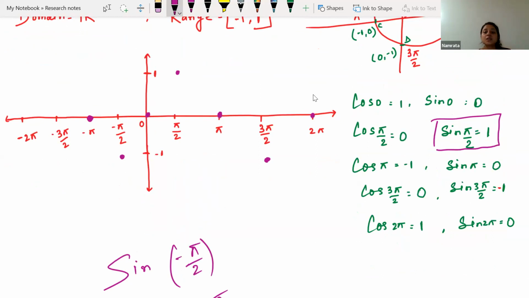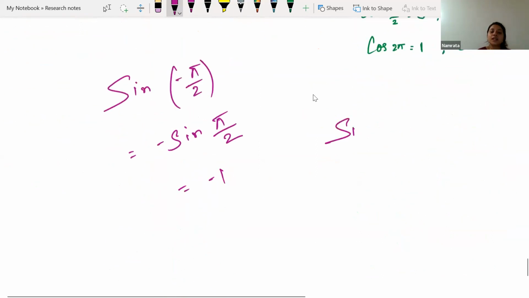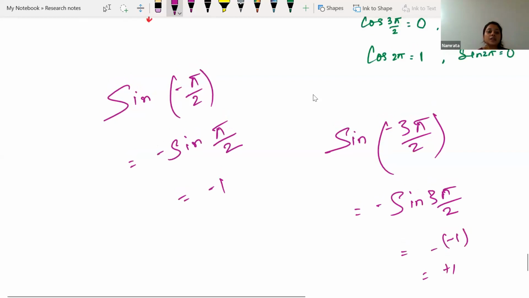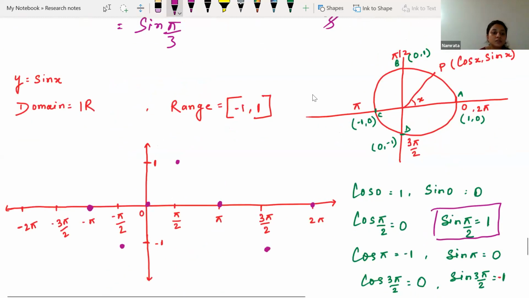At minus 3 pi by 2, sine of minus 3 pi by 2 means what? We can write it as minus sine 3 pi by 2, and the value at 3 pi by 2 is negative 1. So we are getting plus 1 over there. Let's mark it plus 1. At minus 3 pi by 2, sine is plus 1. At minus 2 pi again sine will be 0 because an integral multiple of n pi is 0. N can be any integer value.